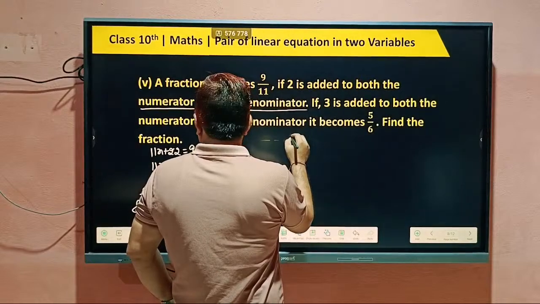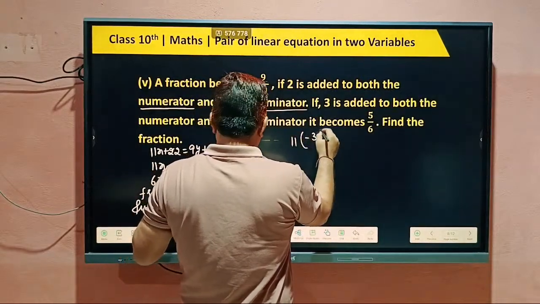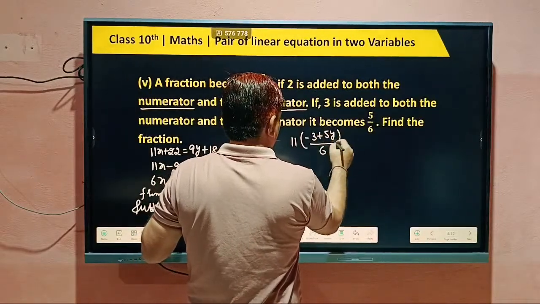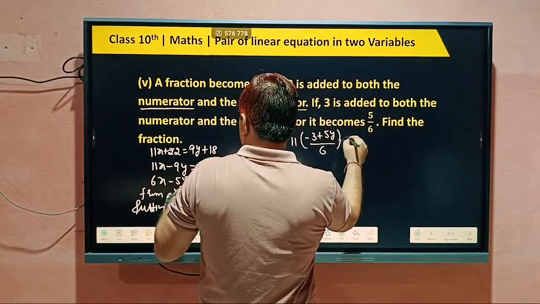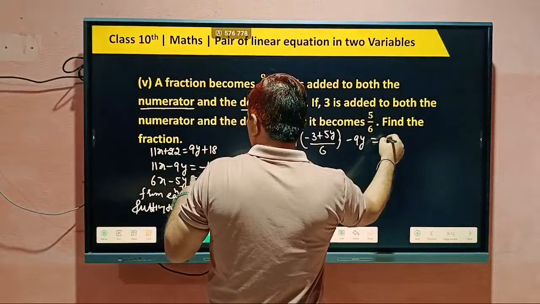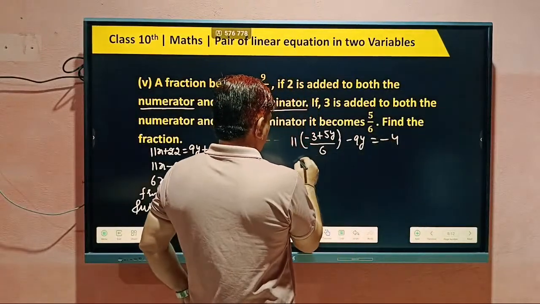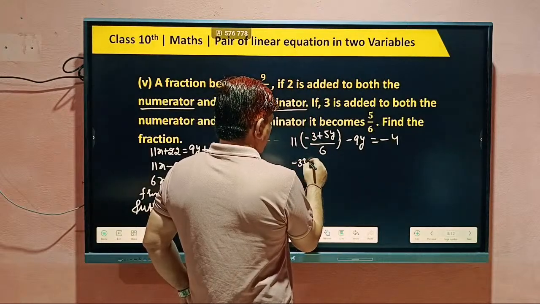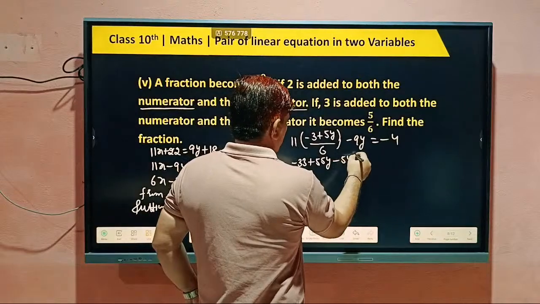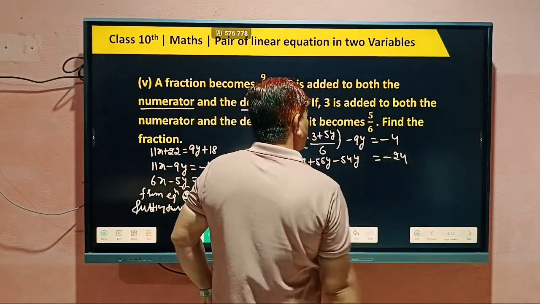11 into minus 3 plus 5y by 6, minus 9y is equal to minus 4. So it becomes minus 33 plus 55y minus 54y equal to minus 24.